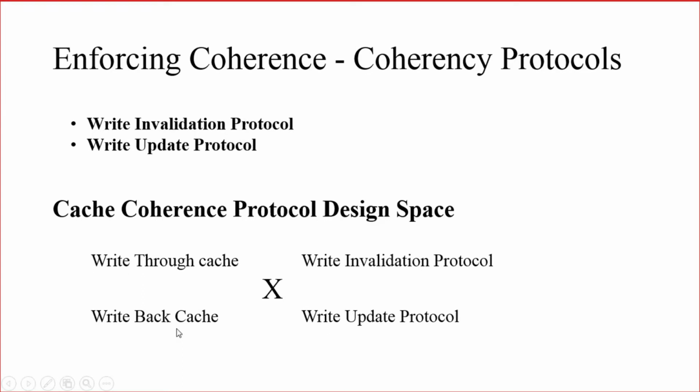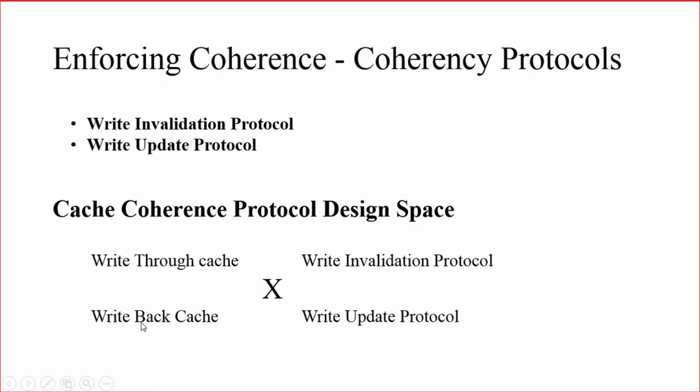In write back cache, when you are writing one copy of data, the other copy of data present in the lower levels will be updated only when the data present in the first level is removed or evicted. So these are the two types of caches, and these are the two types of protocols available.